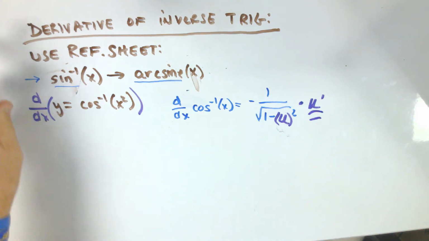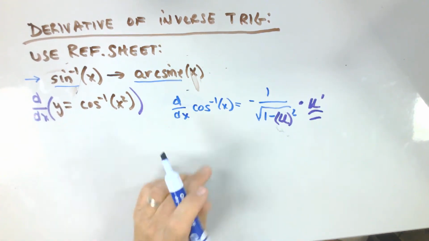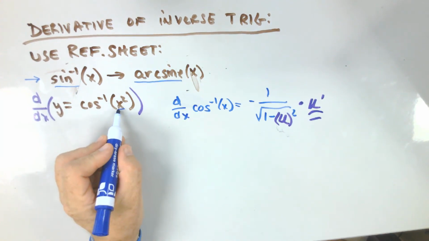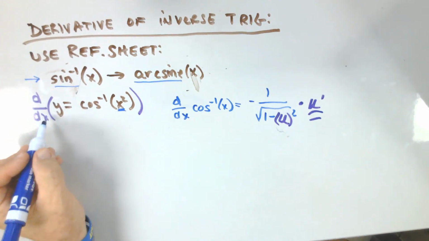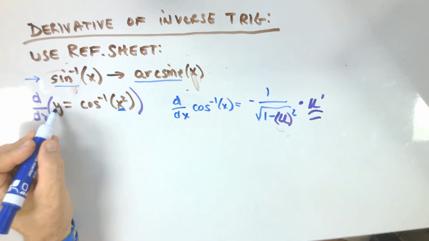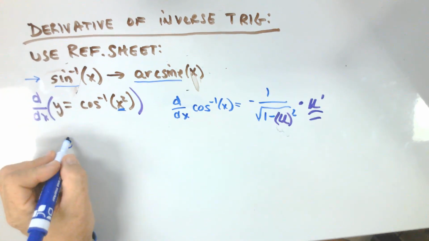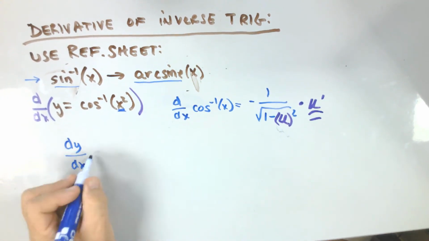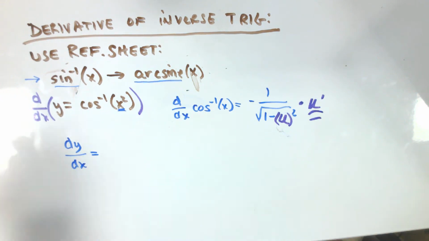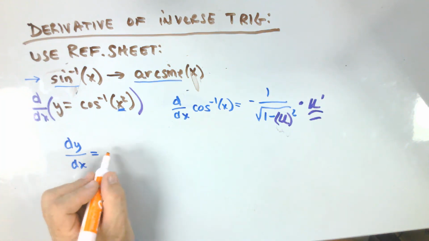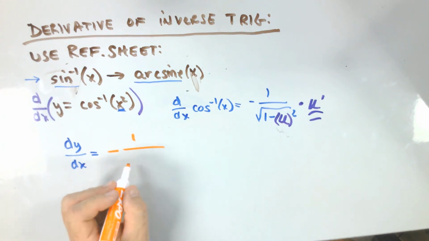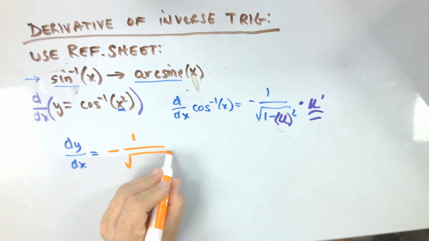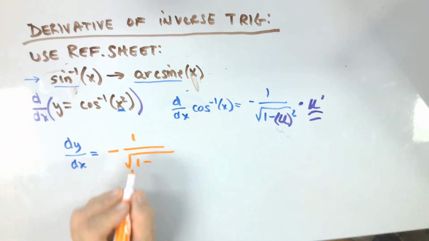So if we take something like this, and let's just change this idea to this is u. If this is u, and I take my derivative of the whole thing, when we take the derivative of y, I just get dy/dx. That's that whole idea of implicit differentiation that we talked about yesterday. And then from there, I use my formula, which is -1 over the square root of 1 minus.